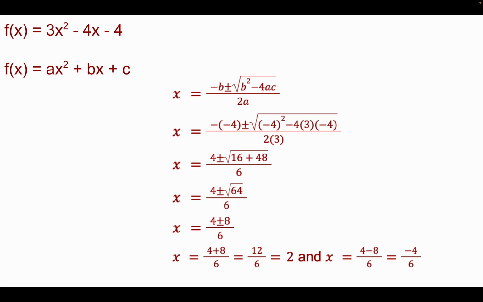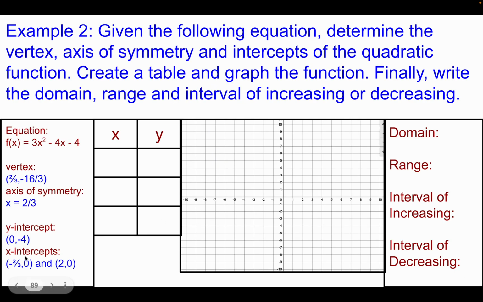Negative 4 divided by 6 is negative 2/3. Okay, so we get the same two answers for our x-intercepts, 2 and negative 2/3. And so we'll write those as ordered pairs. Negative 2/3, 0, and 2, 0.